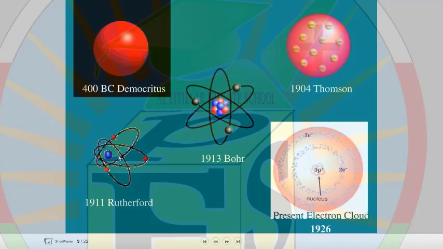In 1911 Rutherford gave the model of the atom. He says that there is a nucleus and the electrons are revolving around the nucleus. In 1913 Bohr gave the atomic model, and at present they are following the Bohr atomic model.